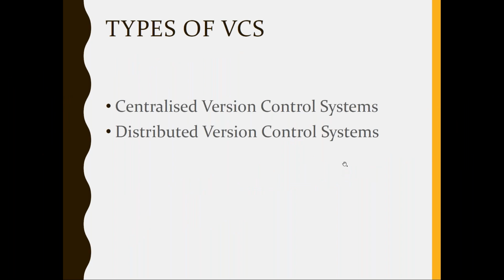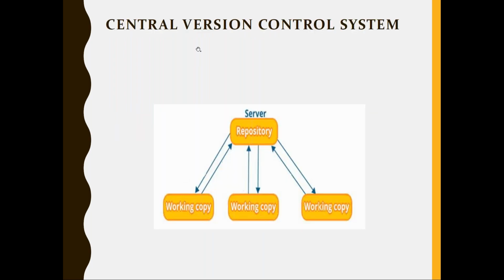Now, these version control systems, based on their architecture, were categorized as centralized version control systems and distributed version control systems. Okay, if you look into the centralized version control system, there's a remote repository and there are some working copies. Means in the centralized version control system, there is one repository called the central repository or a remote repository where all the project base, all the work is.